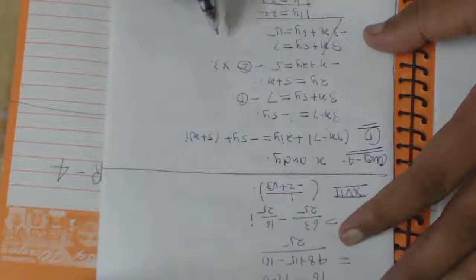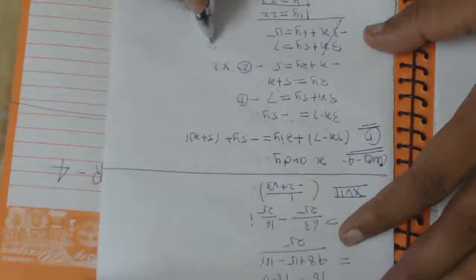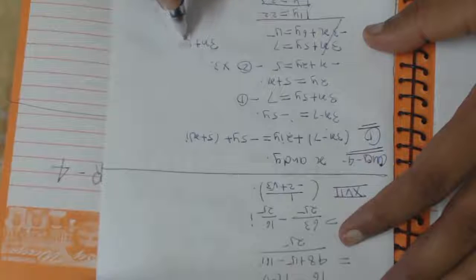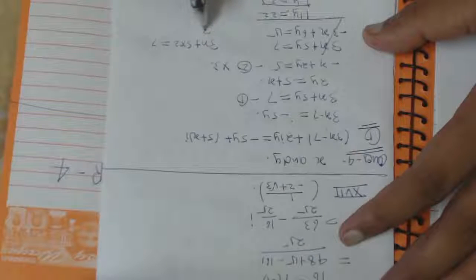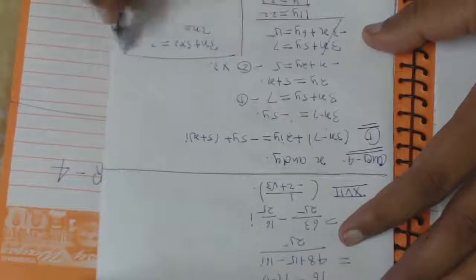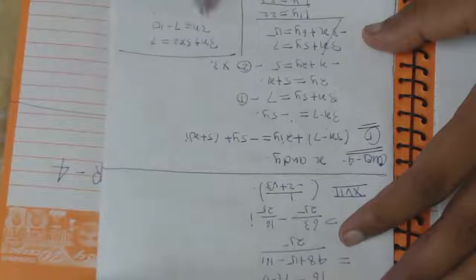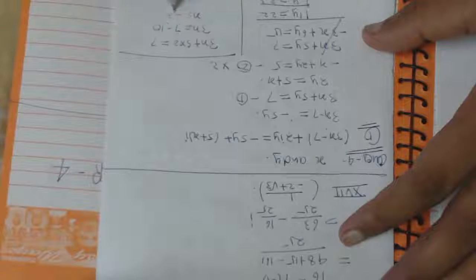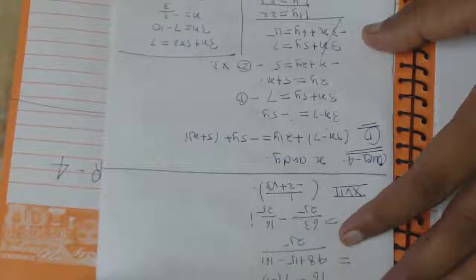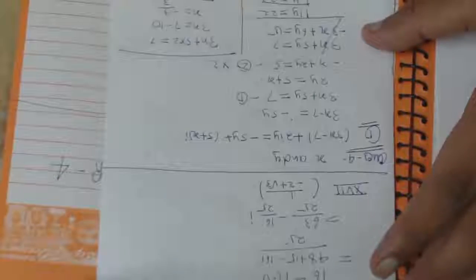Put y over here. This 3x plus 5 into 2 is equal to 7. 3x is equal to 7 minus 10. x is equal to minus 3 over 3. x is minus 1. Okay.